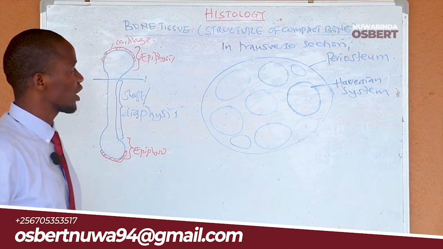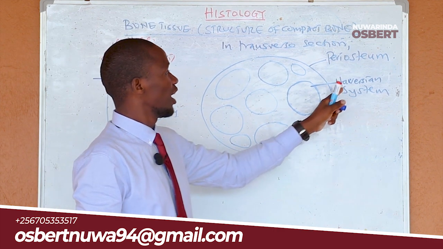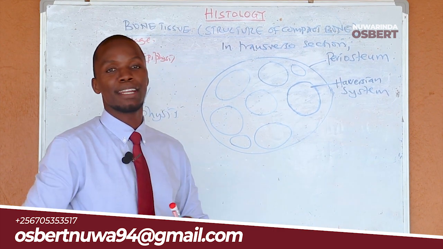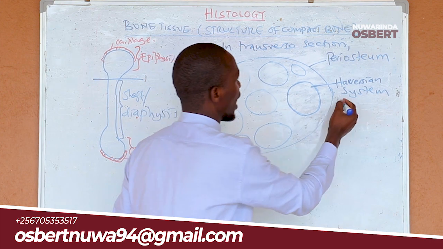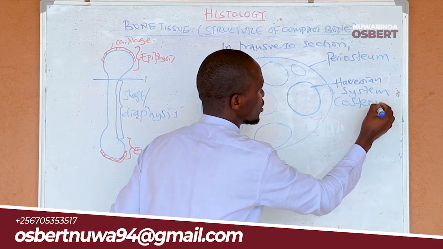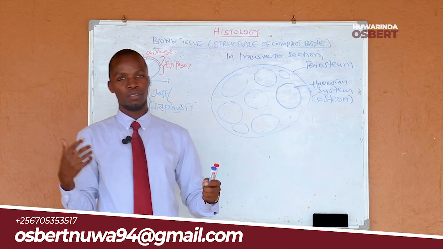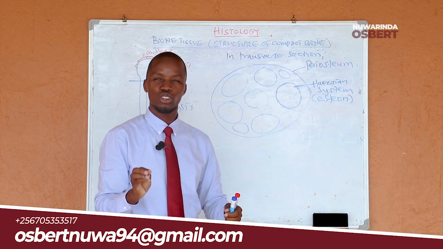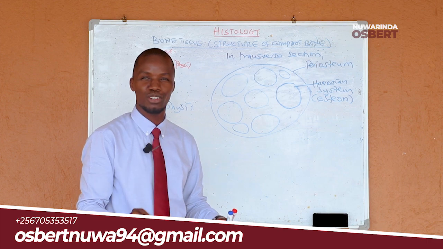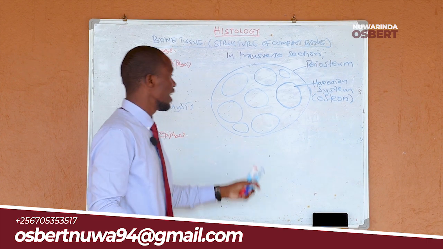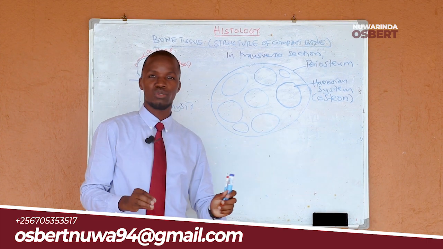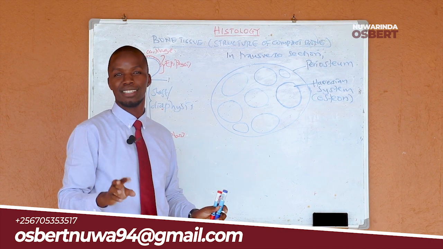Another thing that you also need to know is that each Haversian system, you can also give it another name. Each Haversian system, you can call it an osteon. Now, I want you to note this. Unlike in cartilage in the previous video where we have the words chondroblasts, chondrocytes, chondrine, and so on, here, as far as bone is concerned, you're going to find the word oste, common.